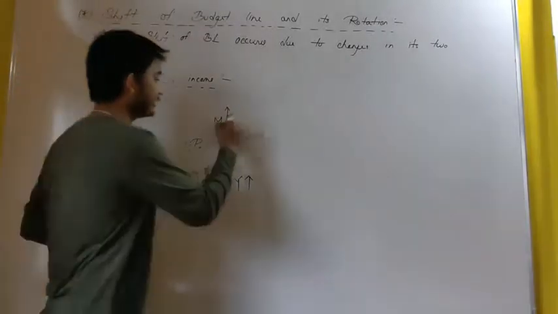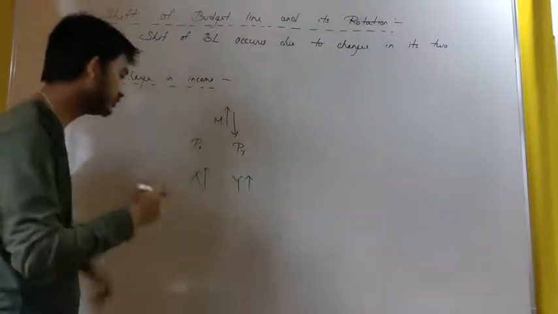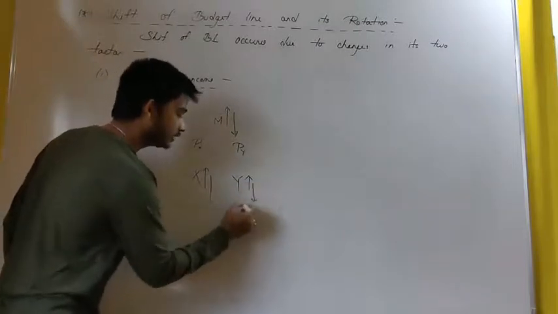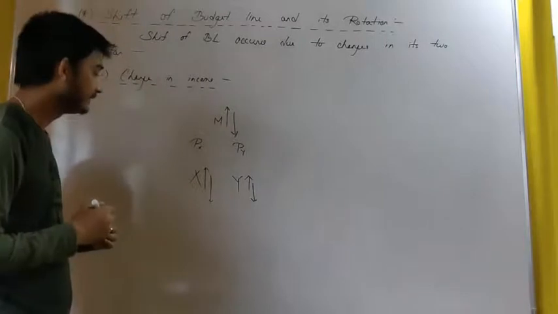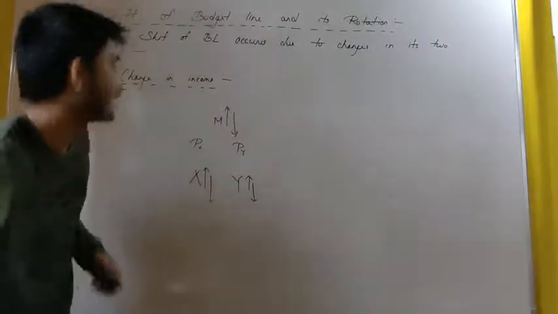And if income falls, given the prices of two goods, the consumer can buy less amount of both the goods. As a result, the budget line will shift to the leftwards. So let us see that in a diagrammatic way.